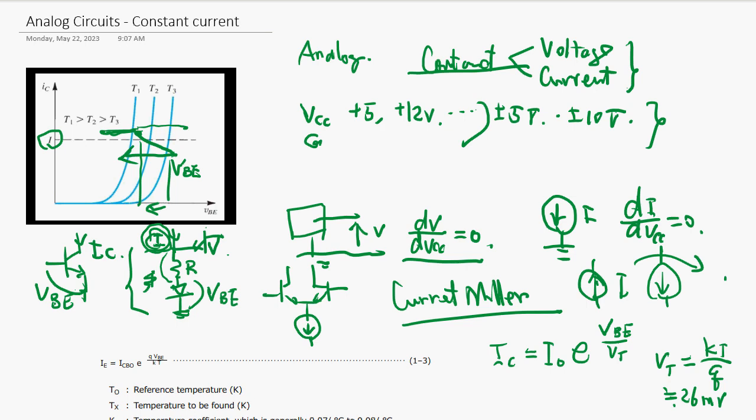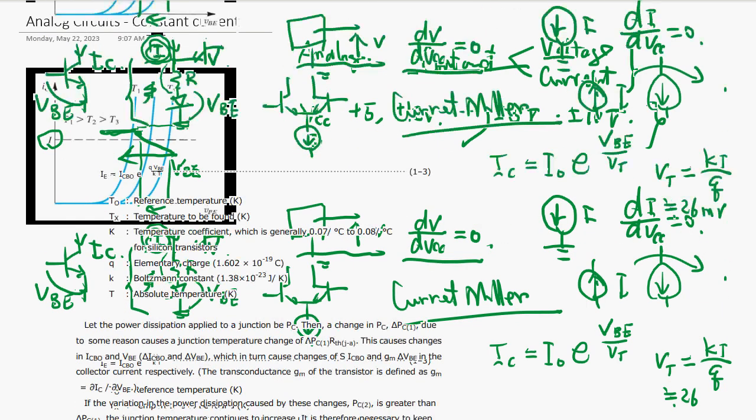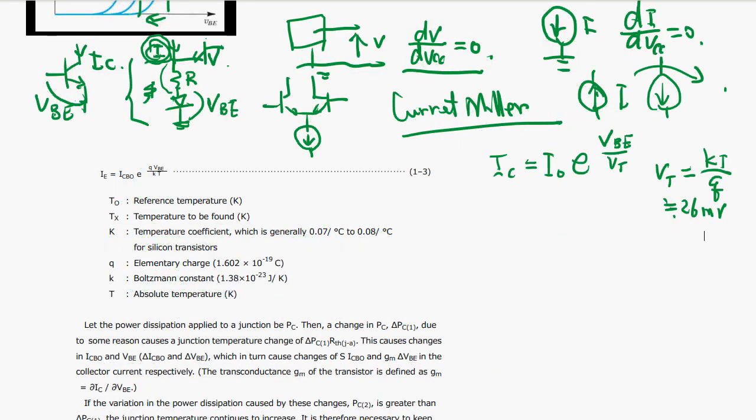Now here's the important thing. VBE in this equation is going to be VT log of IC over I0, and this VT is kT over q. So d(VBE)/dT looks positive.